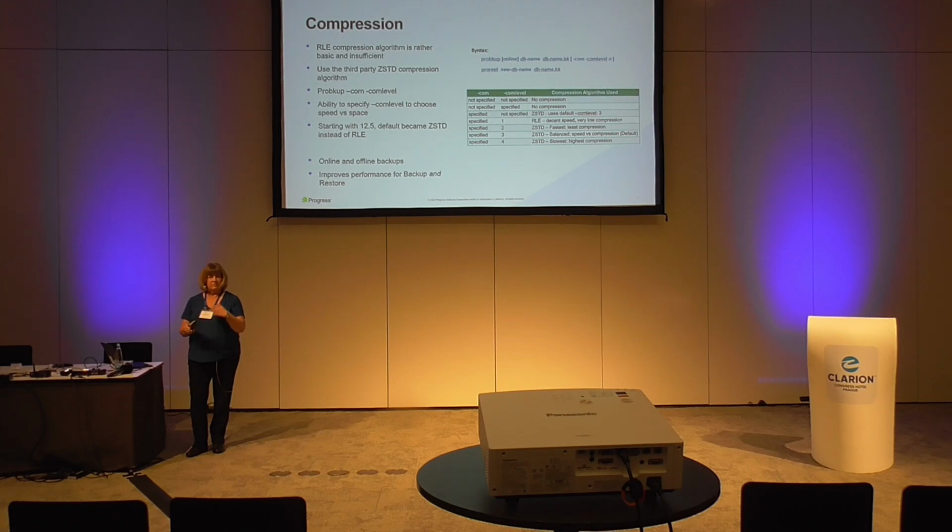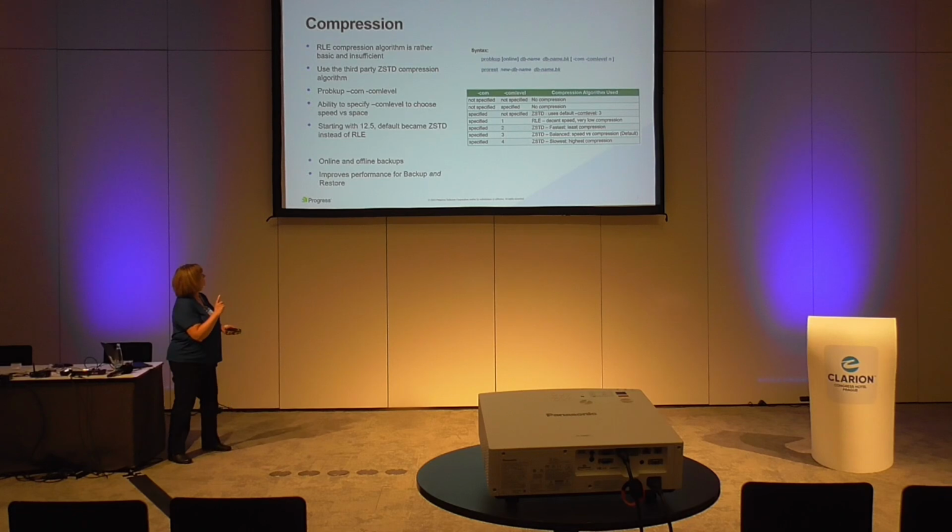One emphasizes speed, which is less compression. The other is the other extreme. You get more compression, but it's going to take longer. You just have to do the work. And then we chose one that's a balance in between the 2. Now, which version? 12.5, I believe, is when we changed our default compression algorithm to be the Zstandard, the middle one.